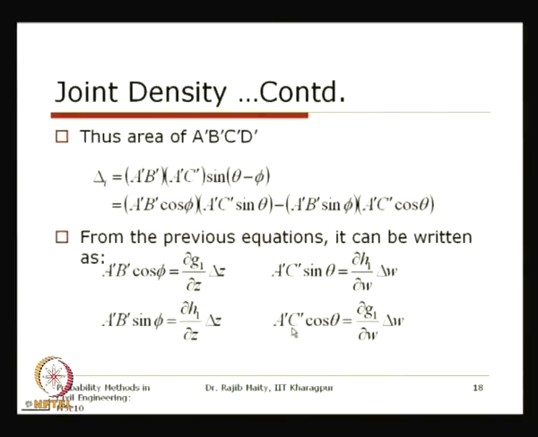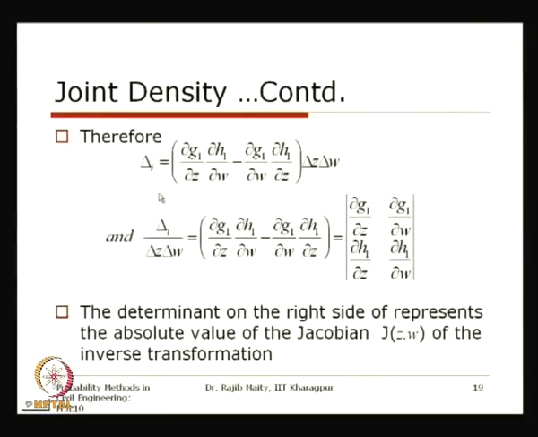So these are the values we got, and if we put them back into the equation, we get the total area delta I, and we got this form.